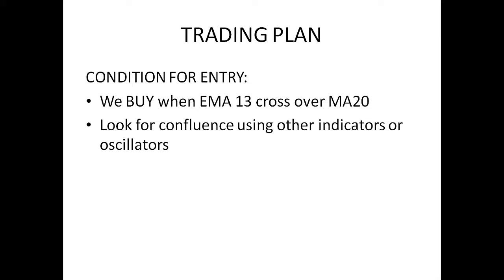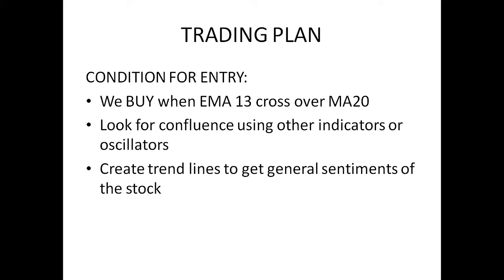Look for confluence using other indicators or oscillators. This is to verify the crossover, whether it's fake or not, because of course it's not absolute every time EMA 13 crosses over 20 that's where you buy in. So we still need to do filters for us to execute the trade.